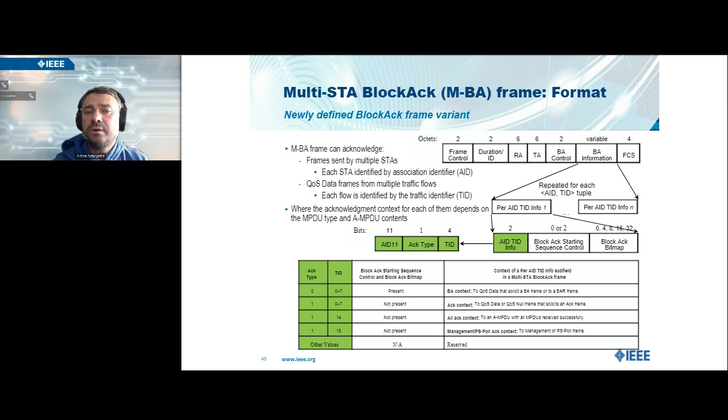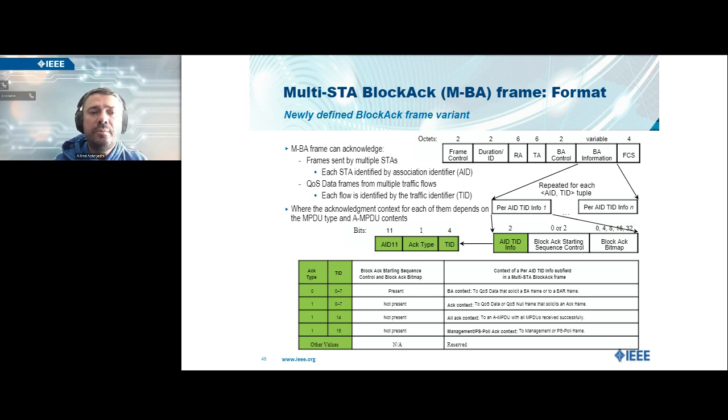In that case, you're acknowledging only a single data frame, and as such, you're not going to have a block ACK bitmap. There is another context, the all ACK context, which essentially indicates that all the MPDUs in the AMPDU were received successfully. So then I don't have to send the additional overhead of the block ACK bitmap and block ACK starting sequence control. I can simply say that everything in that AMPDU was received correctly.